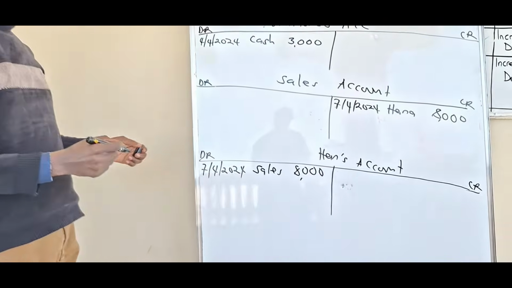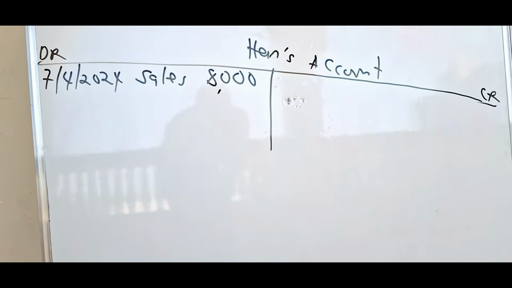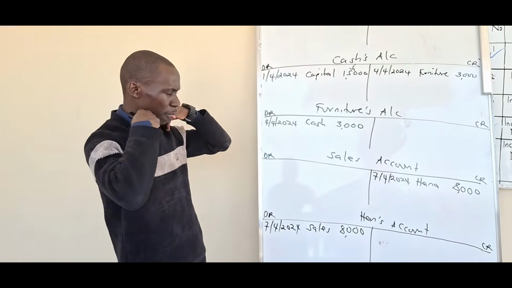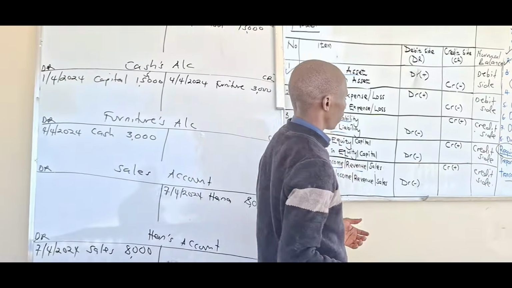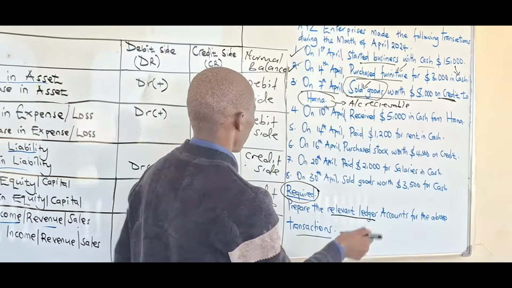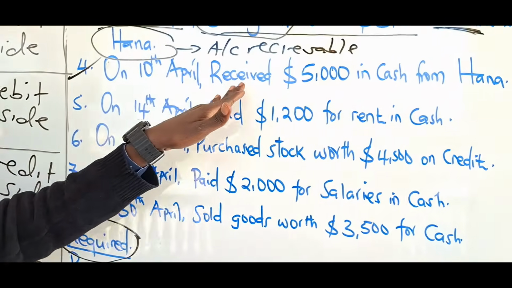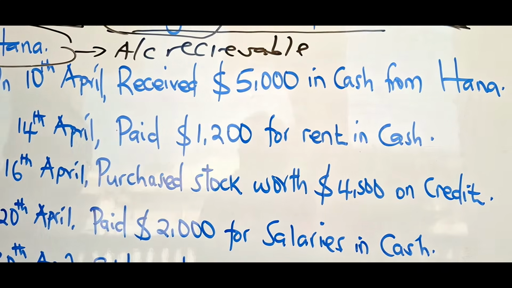That one also becomes very easy and direct. We have to comply with double entry. Each transaction must have two accounts affected, of course, both on the debit and the credit side of such particular accounts. Let's look at number 10. Received 5,000 in cash from Hana. Good.